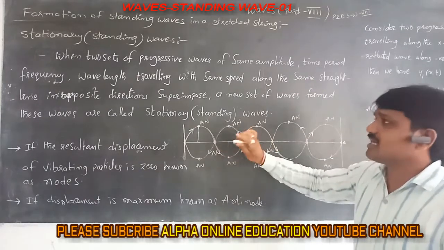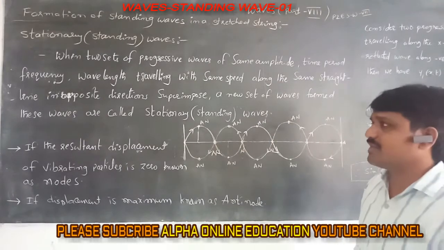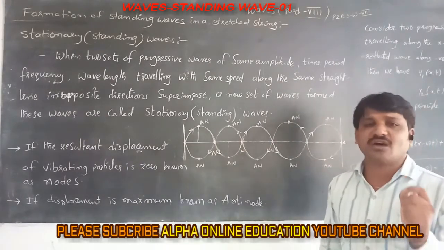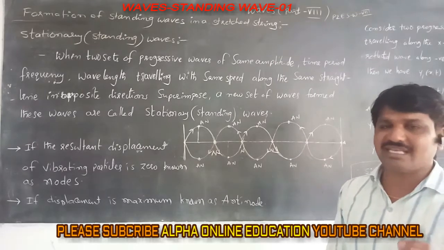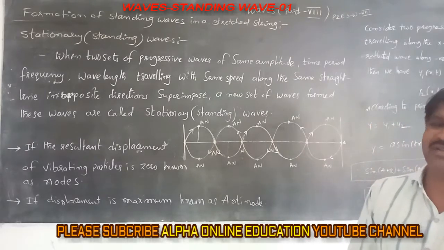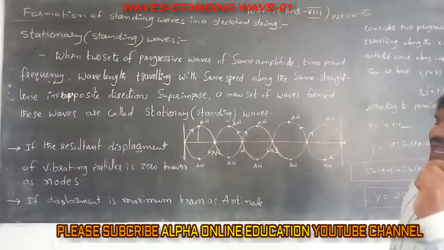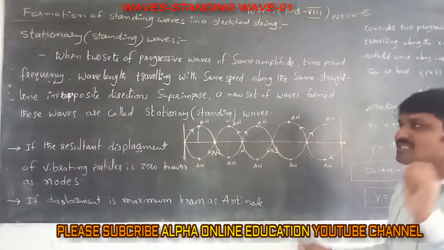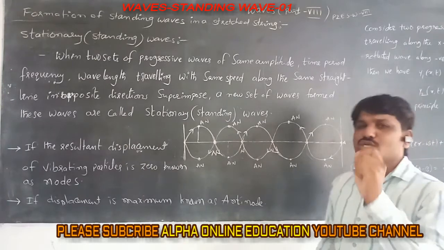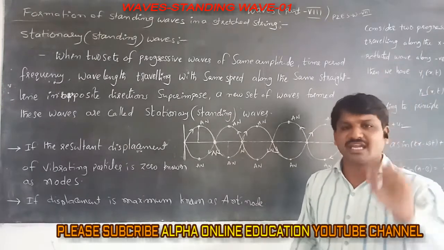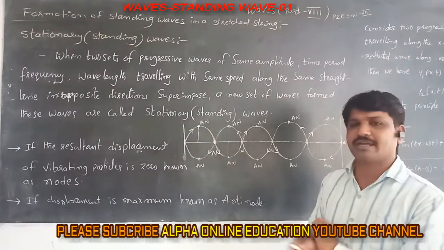Once again, stationary or standing waves form when two sets of waves of the same amplitude, frequency and wavelength, traveling with the same speed along a straight line in opposite directions, superimpose and a new set of waves is formed.